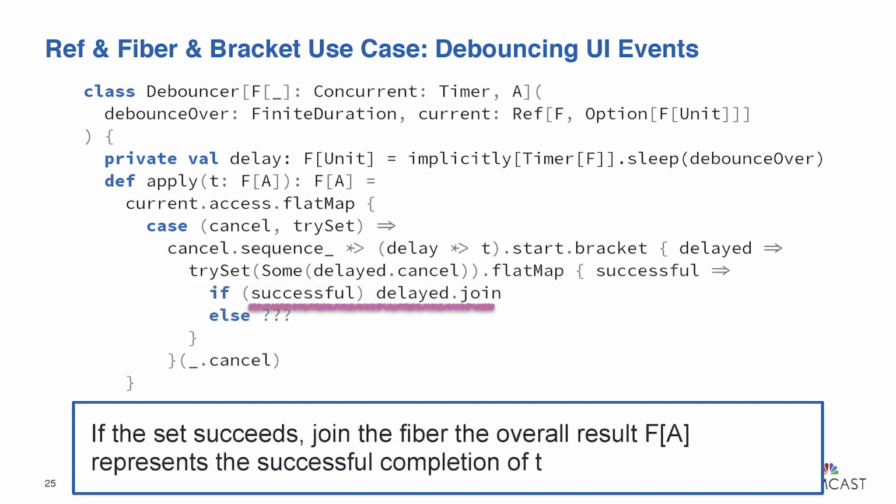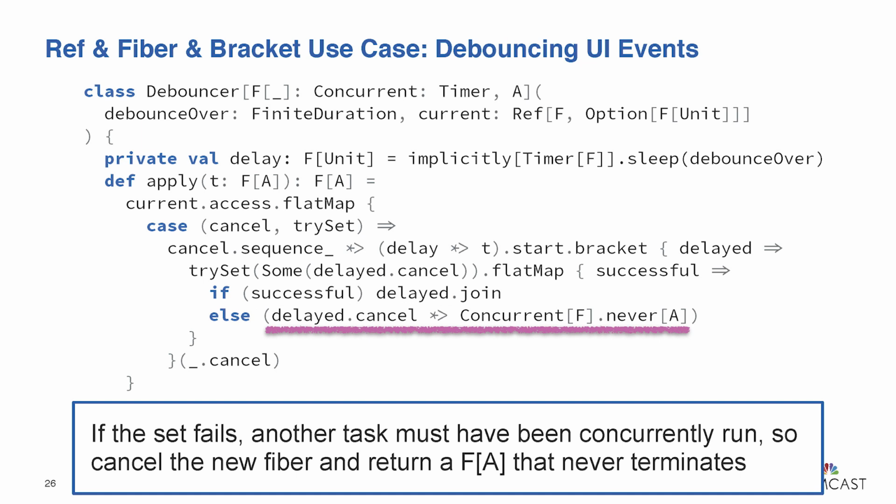So we handle the case where it fails. In order to do that, we flatMap into the return of trySet. We get the flag saying whether or not we were successful. And here's where it's sort of interesting. If we were successful, we can just join our fiber now. Basically just say the returned F of A that we're going to return is just the overall result of that delayed program.